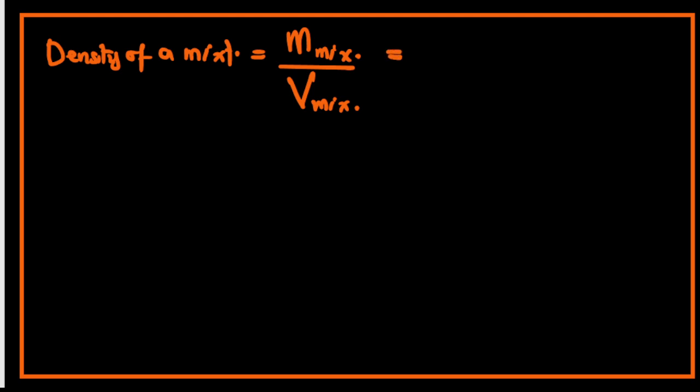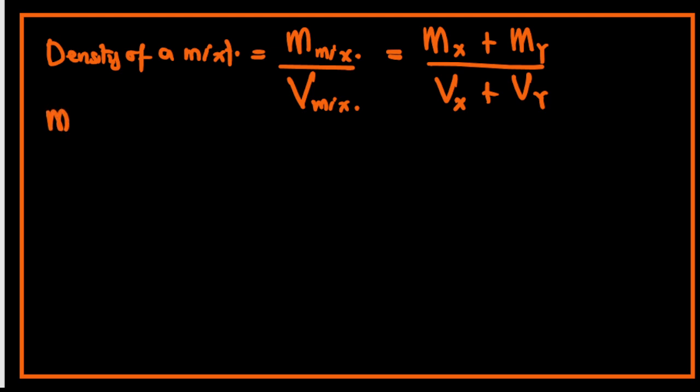So in this case, they are talking about X and Y. That will be mass of X plus mass of Y over volume of X plus volume of Y. In the question, they didn't supply the mass of X, but mass of X is going to be density of X times volume of X, from density equals mass over volume. Mass of Y is going to be density of Y times volume of Y.